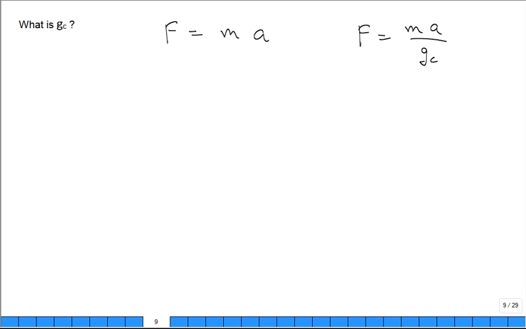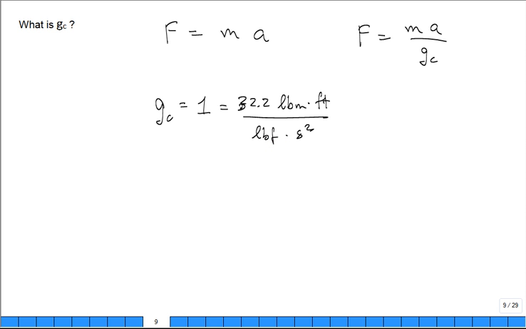Have you ever seen anything like that? Very confusing. I'm glad you haven't. But now I'm exposing you to something when it should be left off. But anyway, this is the same equation. Guess what G sub C is? 1, which is 32.2 lbm ft per second squared lbf.